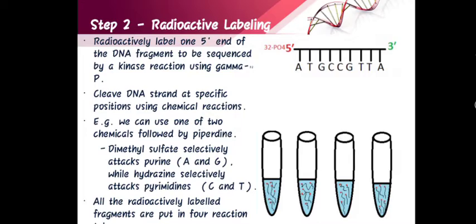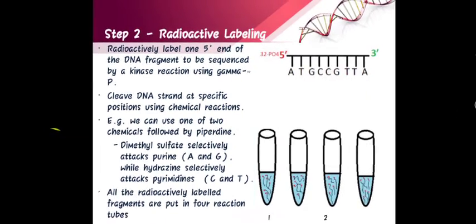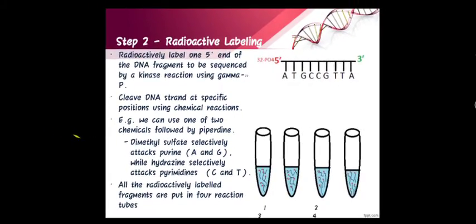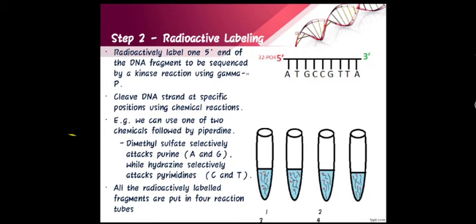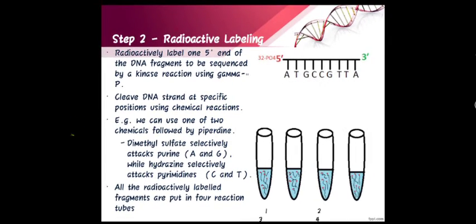The next step is radioactive labeling. In radioactive labeling, we radioactively label one 5' end of the DNA fragment that has to be sequenced by a kinase reaction using the gamma phosphorus. Then we cleave the DNA strand at specific positions using chemical reactions. We can use either of these chemicals, which is followed by piperidine.